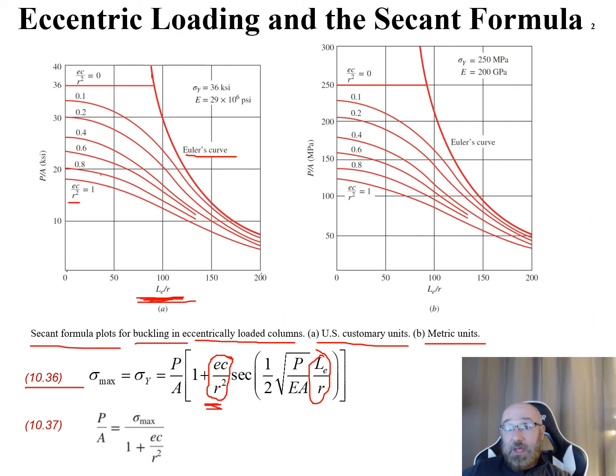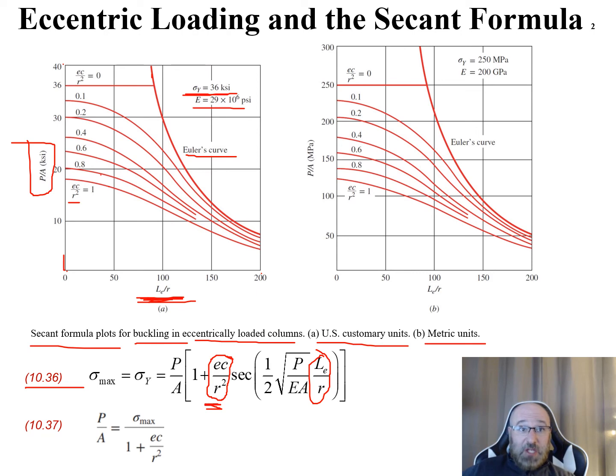What we can get from this is P over A, the ratio of load over area, in units of KSI, which is our y-axis, here going from 0 to 40 for this material. For this material, they give us our modulus of elasticity, 29 times 10 to the 6 psi, and our yield strength, 36 KSI.